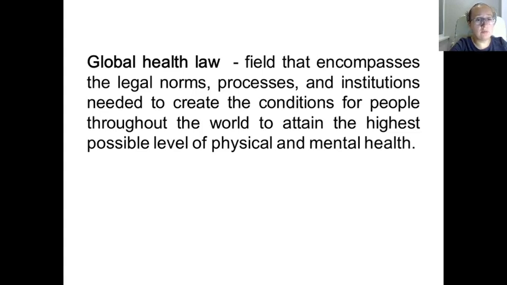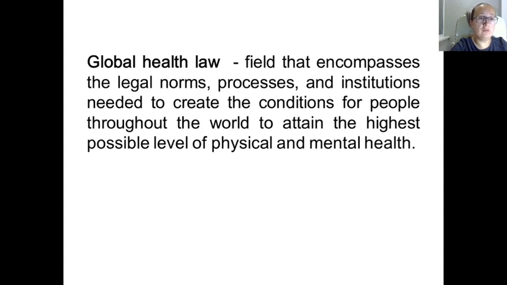The second is the growth of global concern with economic and social rights, including the right to health. And the third is the expanding appreciation of the nexus between global health law and other realms of international legal concern.